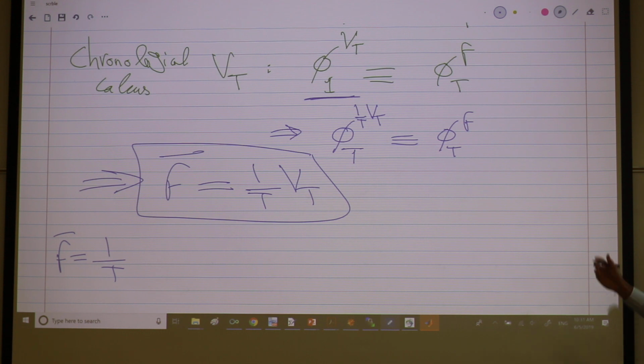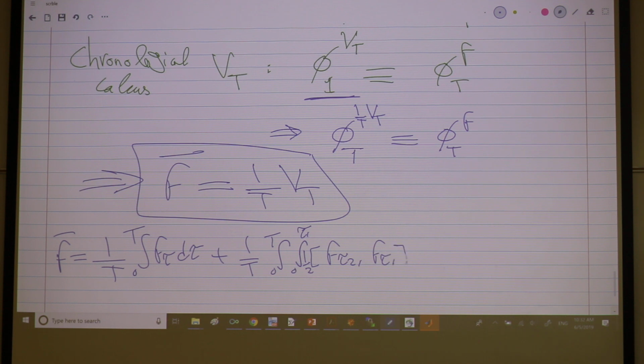Remember the V_t, it was an infinite series. This was the first term, integral of f. The second term was an iterated integral of f, I'm sorry, it wasn't, it was a Lie bracket. So here from 0 to tau 1, we had a Lie bracket: one half Lie bracket of f tau 2, f tau 1, d tau 1 d tau 2, or the other way around.